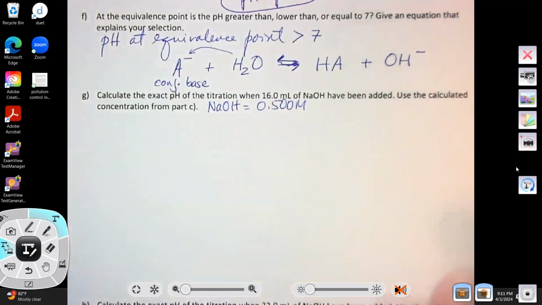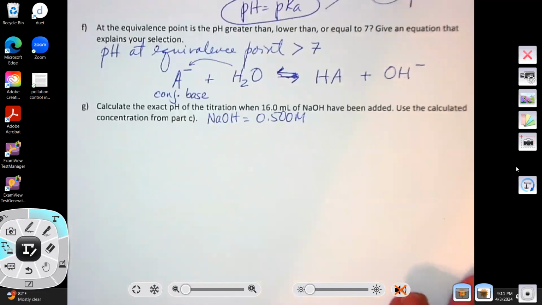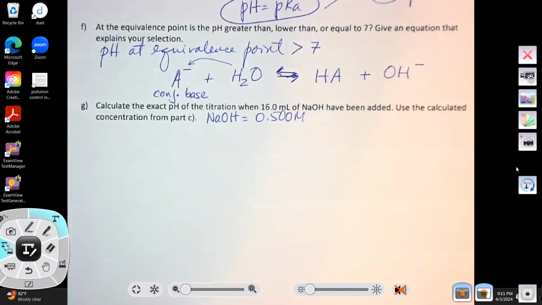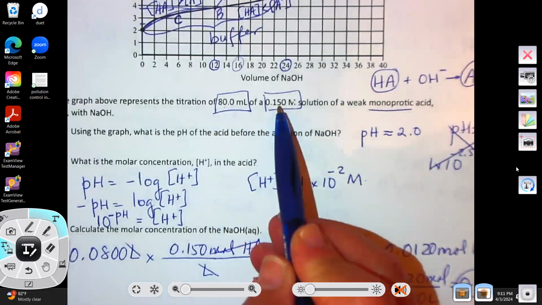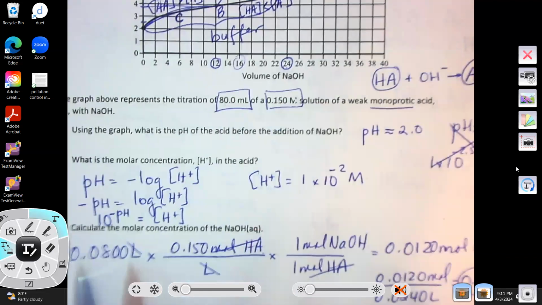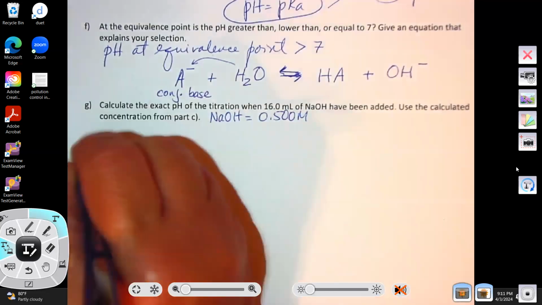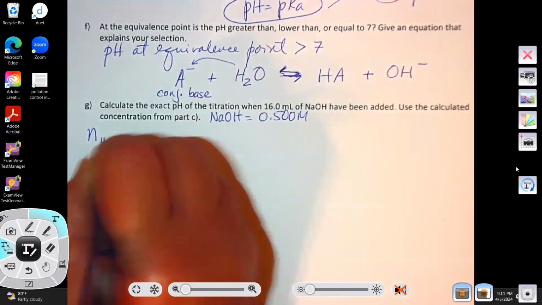So what you need to do here is you need to do the reaction. So remember, we started with, let's go back to our beginning, 80 milliliters of 0.15 molar solution of the weak acid. So let's calculate the number of moles of the acid.